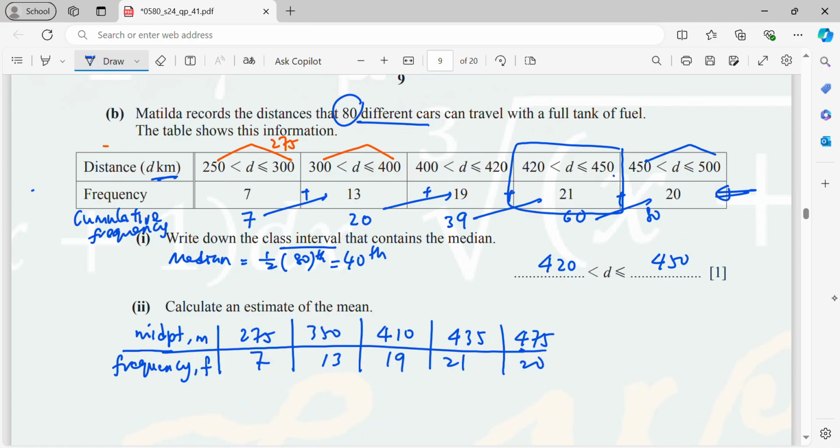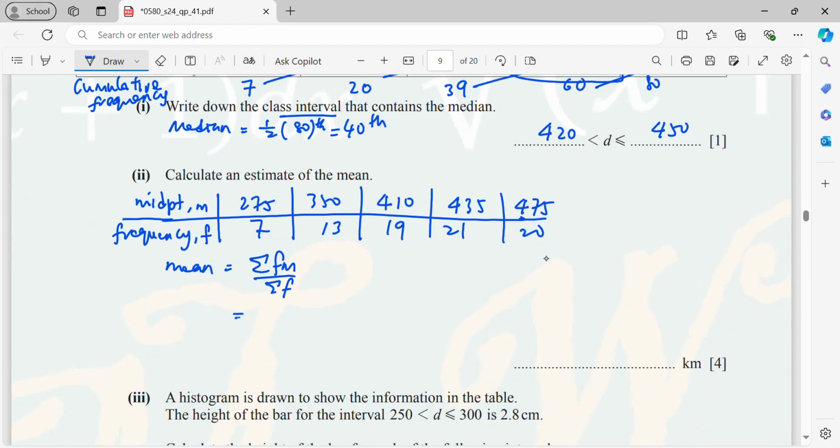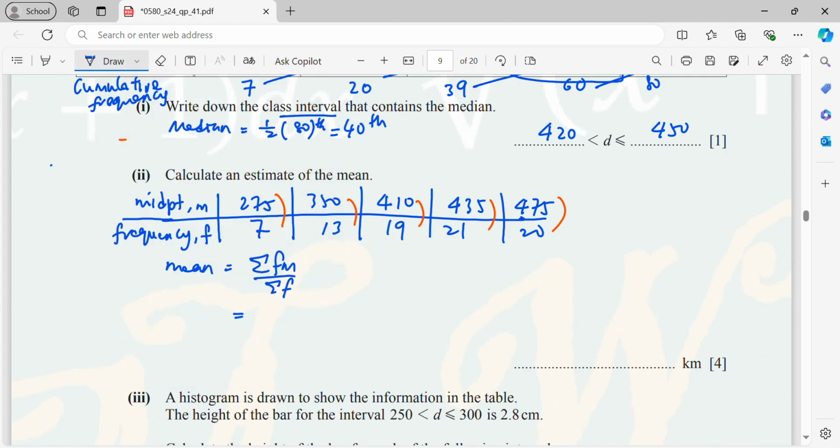Now the mean calculation is basically summation Fm over summation F. This means you multiply the F with the M before you get the sum. Summation means sum, the total.